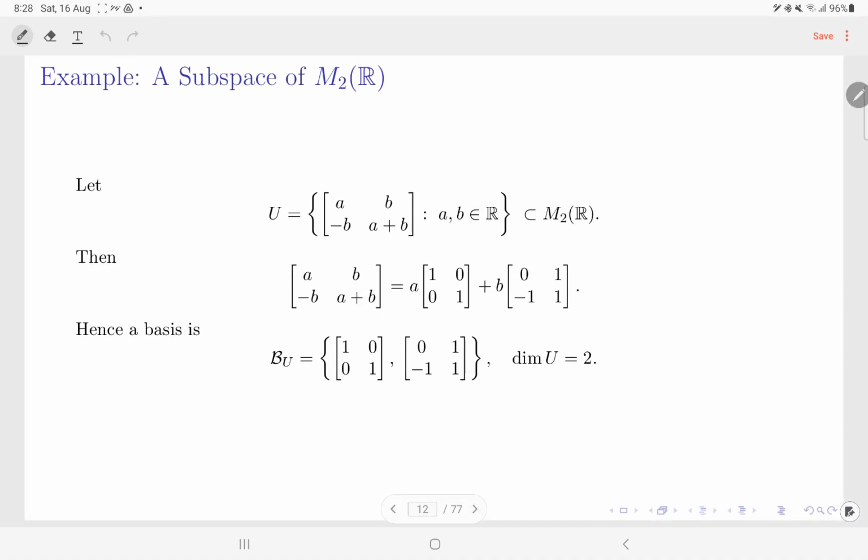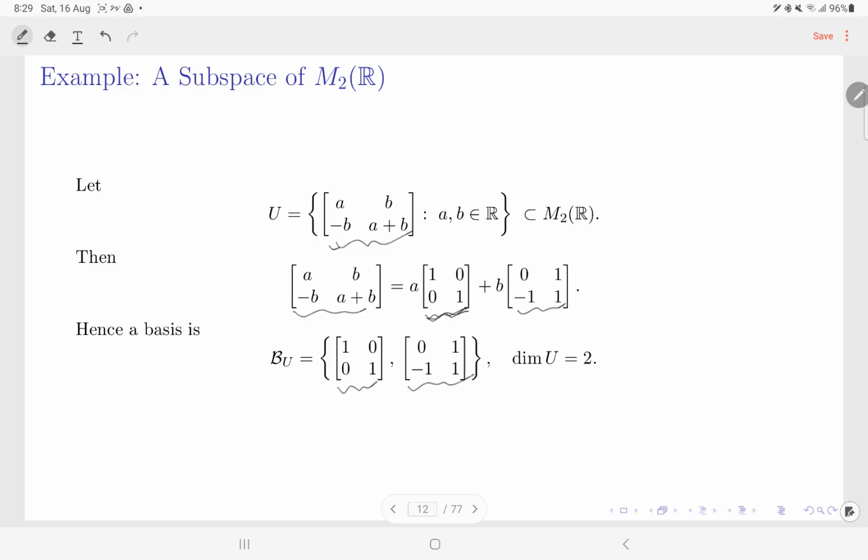Okay, now comes an example of a subspace. You know the subspace, and this is one example: this matrix can be written in terms of the basis of this subspace. These two will be the basis of the given subspace. How can you find that? Just solve this again using the previous example. Similarly to the vectors, you can do it for the matrix space.